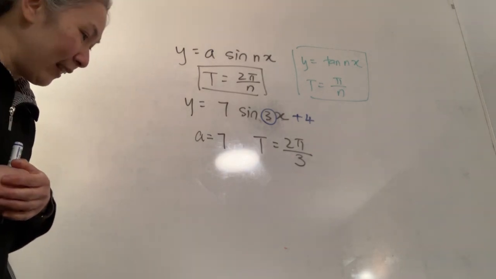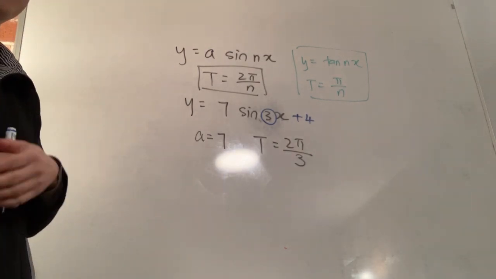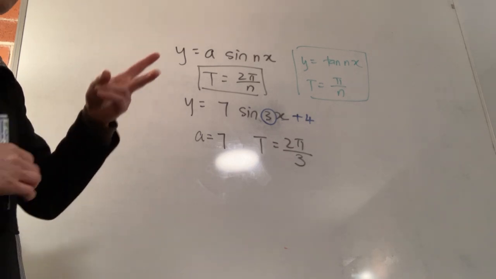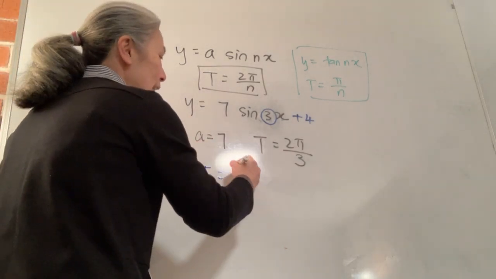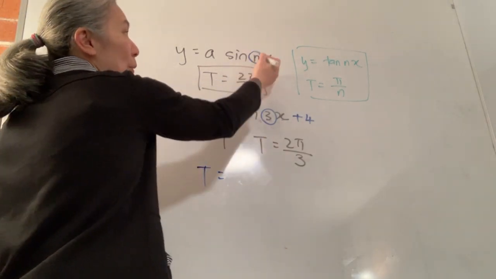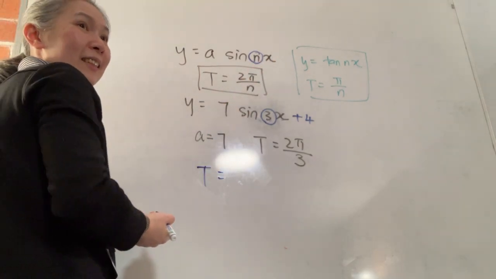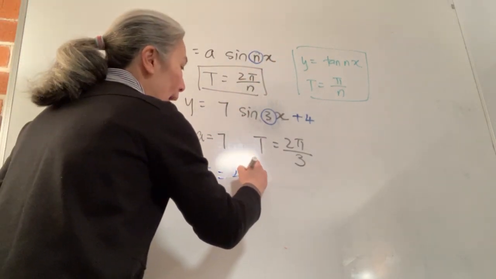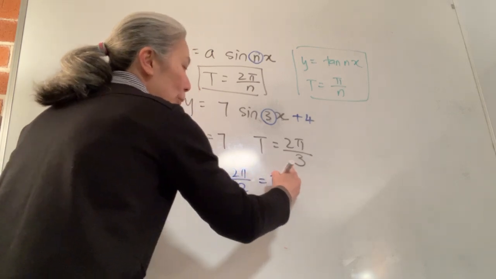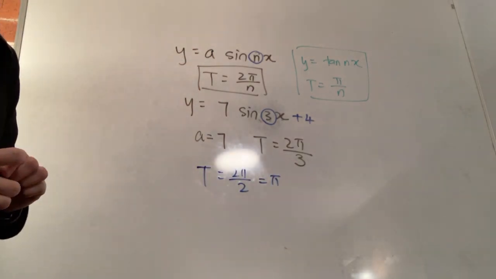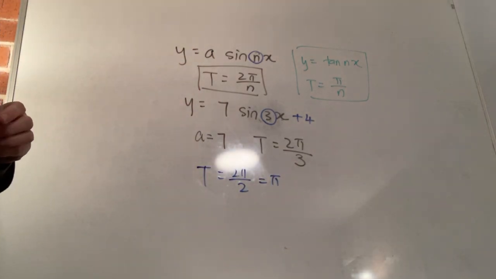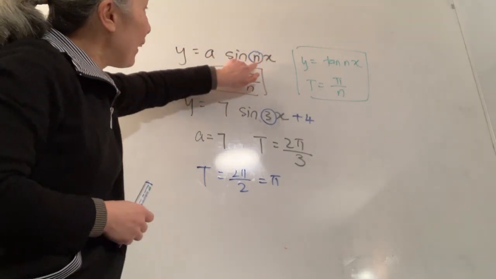Minus pi over 6? No, the one with the x. What is the number in front of the x? 2. So that means the period is equal to 2 pi on 2, with 2 representing the n. Oh, 2 is your n, right? So your period is 2 pi on 2, which is equal to pi. That's how you find out the period. The period is just a number. The n is the number with the x.